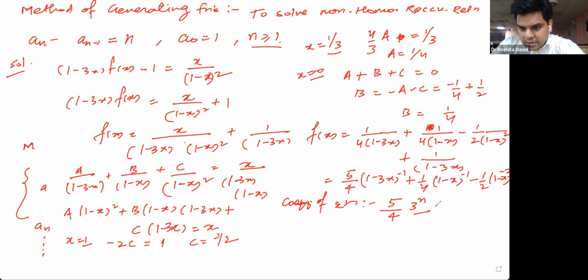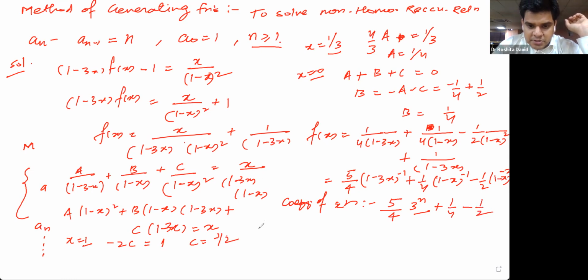Now for the second term, the expansion will be 1 plus x plus x square plus x cube. So x power n will be that term, so 1 by 4 only I'll get. And here if I put 1 minus x to the power minus 2, negative power is there with negative sign. So here I will use that concept, minus 2 choose 0.